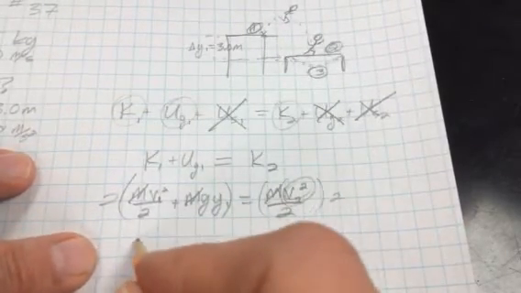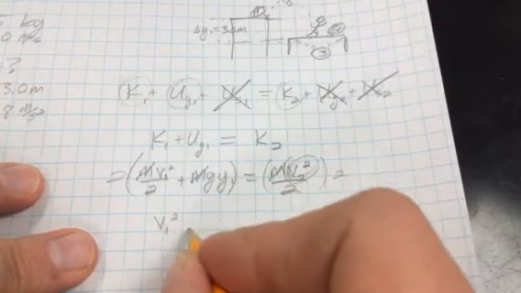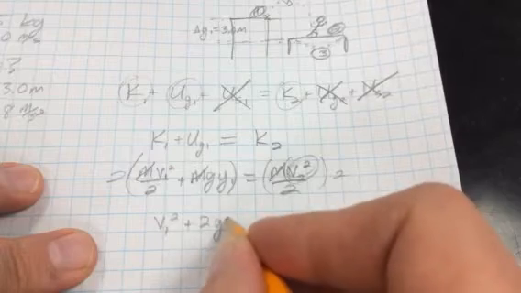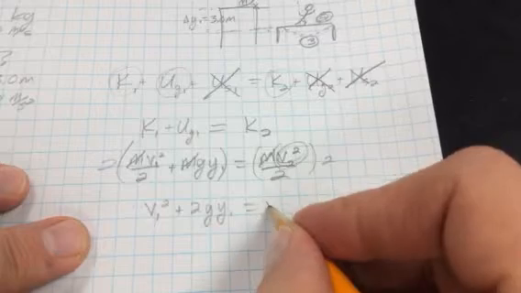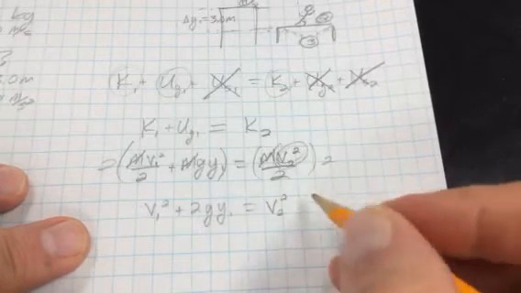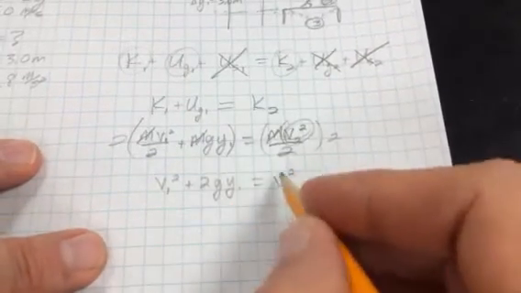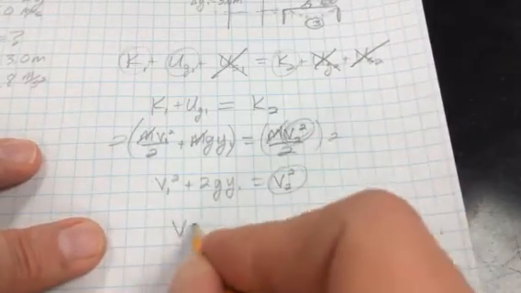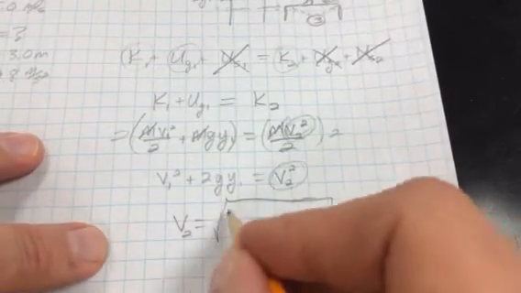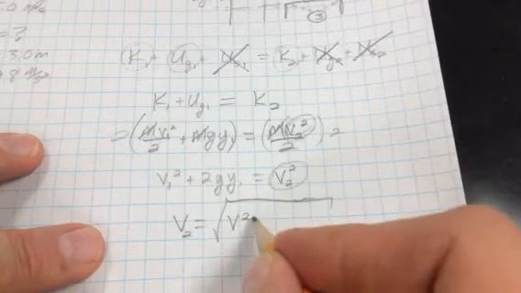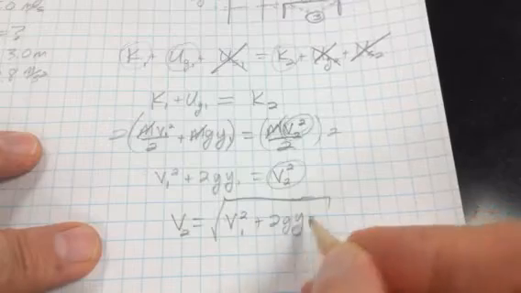When I do that, I end up with v1 squared plus 2g y1 is equal to the speed at point 2 squared. Since we are solving for this, the speed at point 2 is going to be equal to, of course, the square root of v1 squared plus 2g y1.